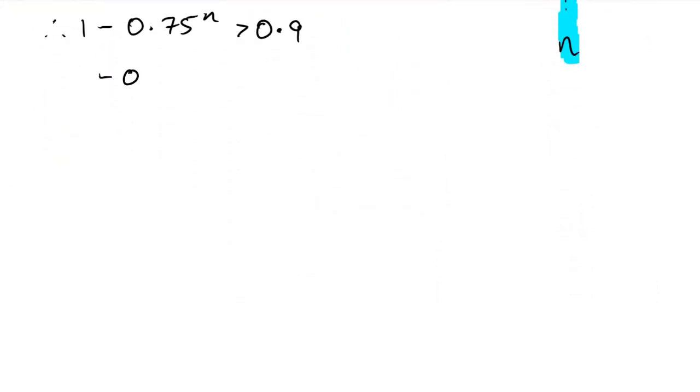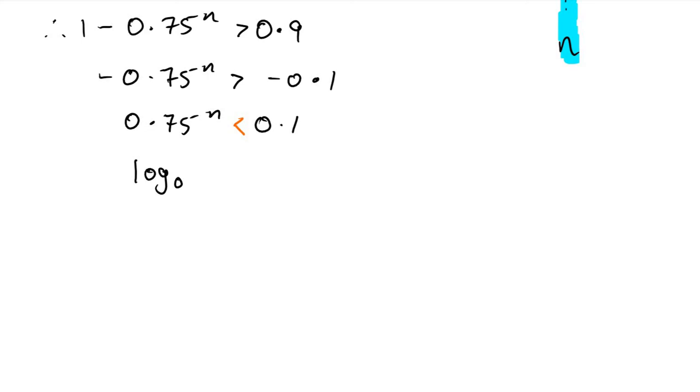So, working through and solving this, we subtract 1 from both sides. We divide by -1. At this point, being very careful to flip the inequality. We now write this in log form. Log to base 0.75 of 0.1 is less than n.